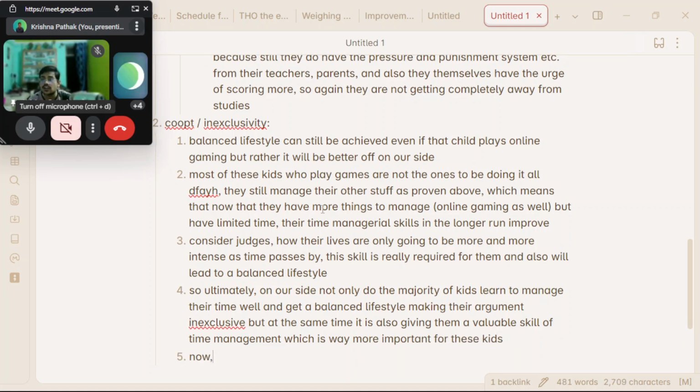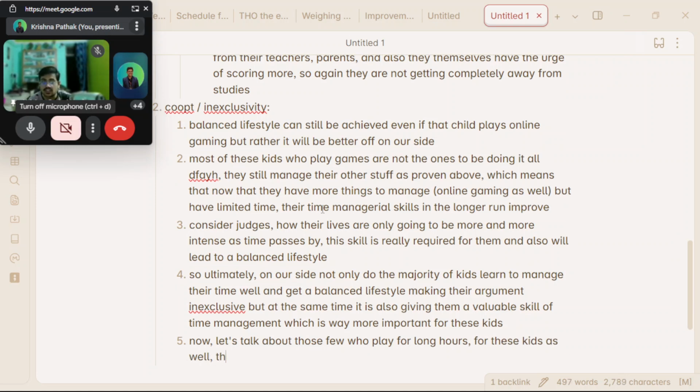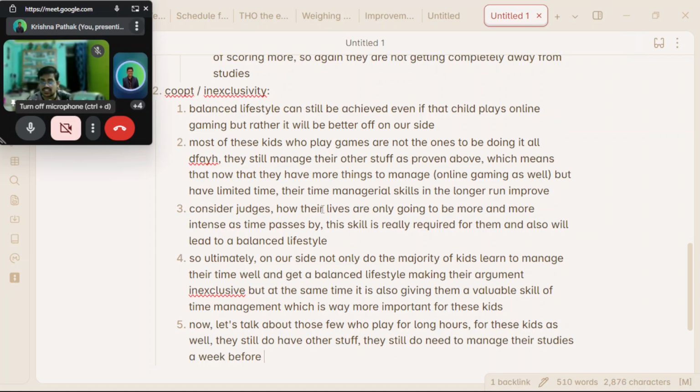Now, let's talk about those few who play for long hours. For these kids as well, they still do have other stuff. They still do need to manage their studies a week before their exams.